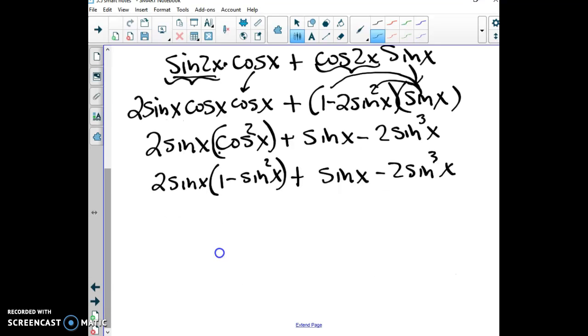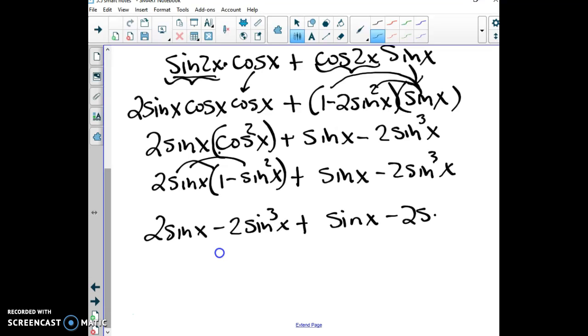We're going to go ahead and distribute the first part here to both parts. We have 2 sine x times 1 minus 2 sine x times sine squared x, which gives us 2 sine x minus 2 sine cubed x, plus the remaining part.